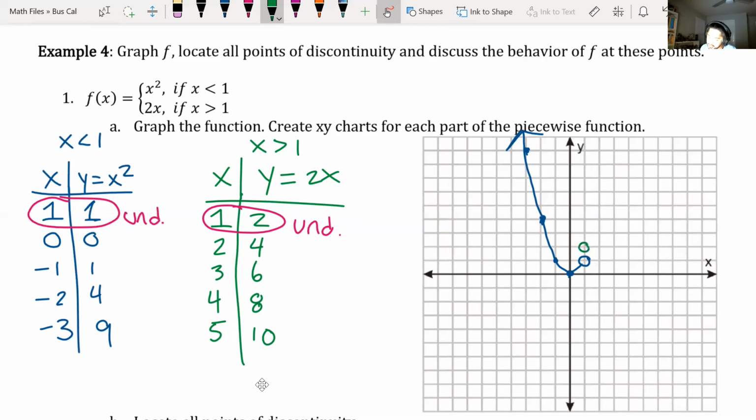Open. 1, 2, 3, 4, and then everything else will be closed circles. So this is what we look like. There it is. We've graphed the function.